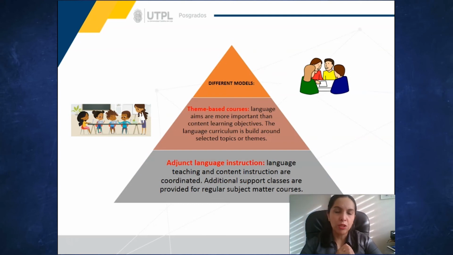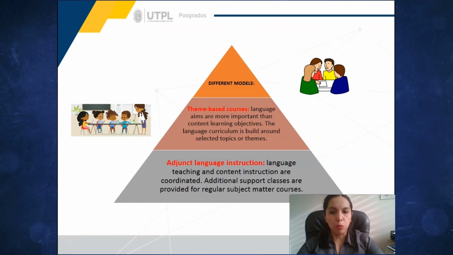Adjunct language instruction involves parallel enrollment in a paired course where language teaching and content instruction are coordinated, therefore providing additional support classes for regular subject matter courses. Theme-based courses build the language curriculum around selected topics or themes.